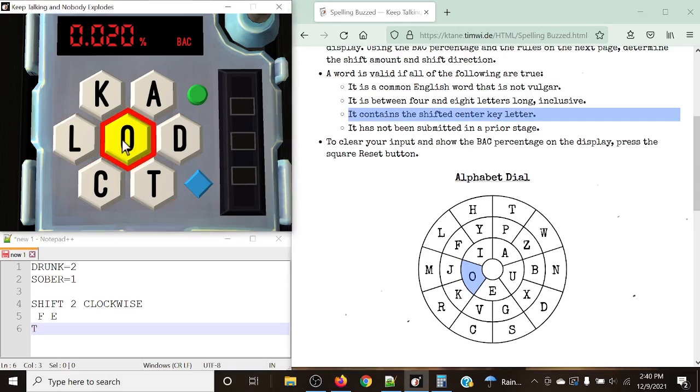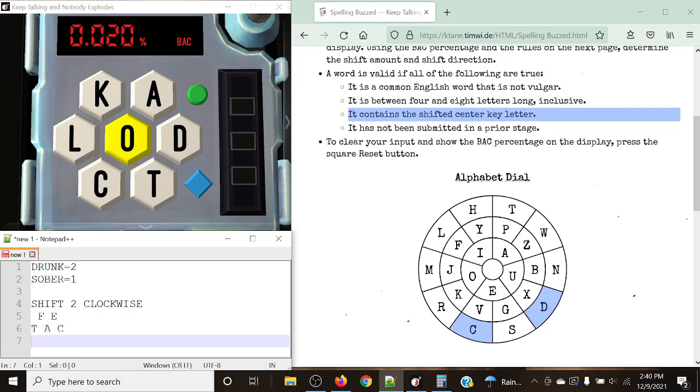This actually is kind of what makes it a little bit tricky to find some words, but as long as you have this center key here, you should be good to go. So we're going to shift Oscar twice to Alpha, right over here. Delta to Charlie. Charlie to Mike. And lastly, Tango over to a November.